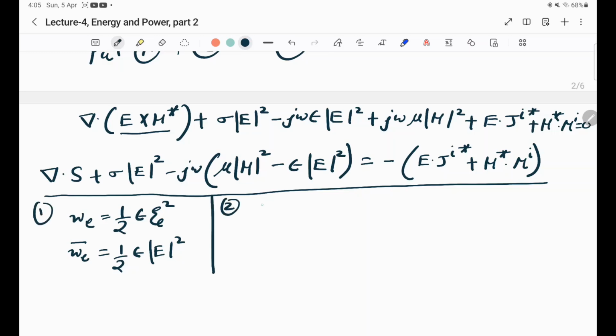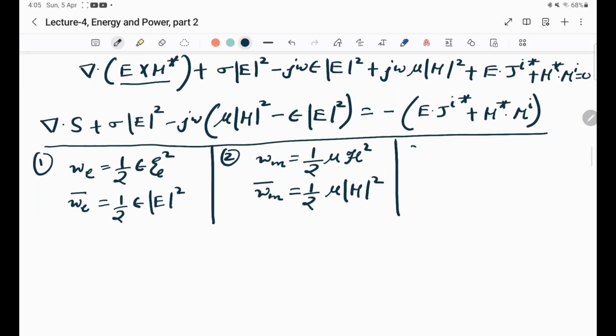Second definition is, we already knew that Wm is equal to half mu H square, which was in terms of instantaneous field quantities, but in terms of complex field quantities, we will name it as Wm bar, which is equal to half mu mod of H whole square.